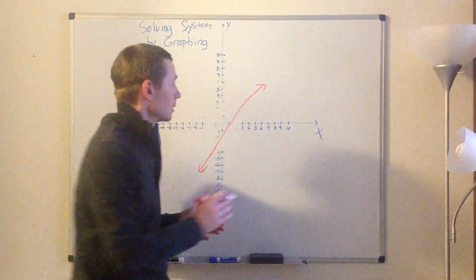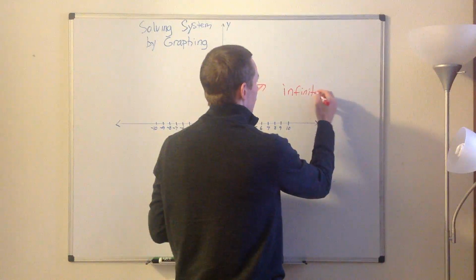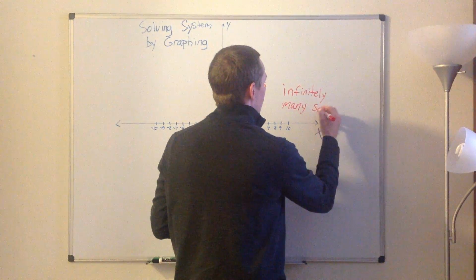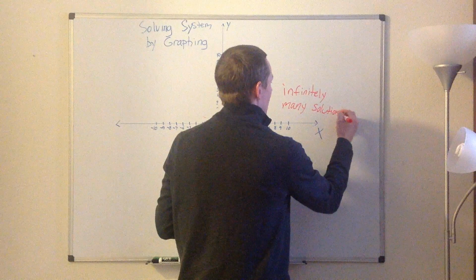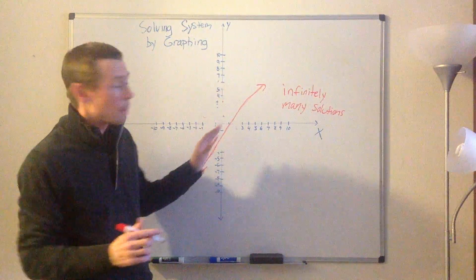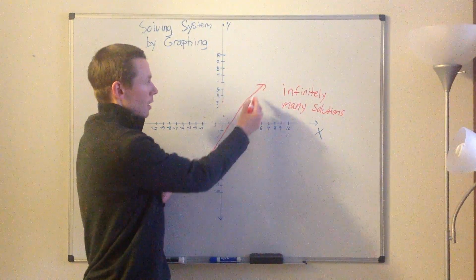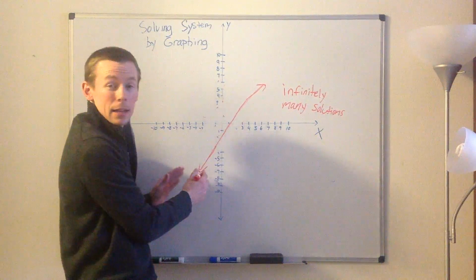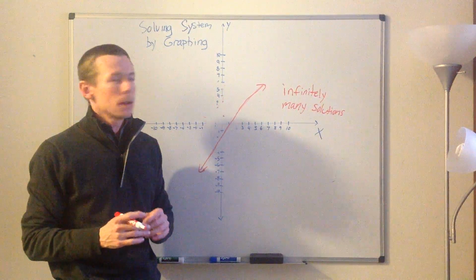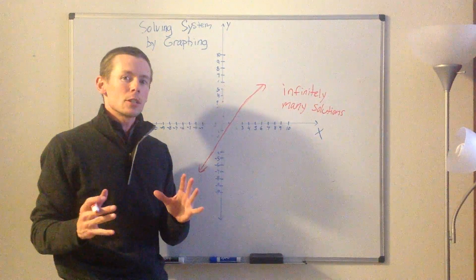If that happens, then it's infinitely many solutions. It's not all real numbers because it's not this, it's not this, it's not down here. It's all the points on the line, and the line goes on forever, so it's infinitely many solutions. Okay? And that concludes this demonstration of solving systems by graphing.